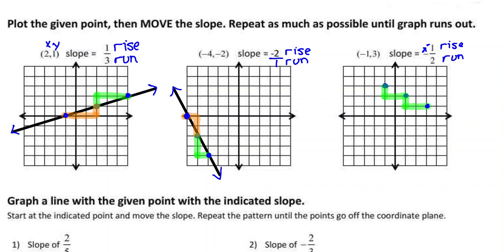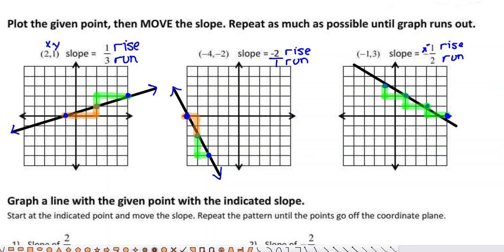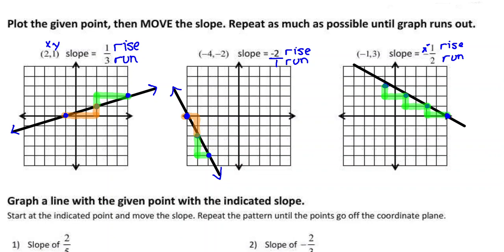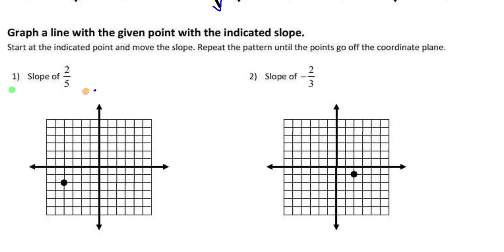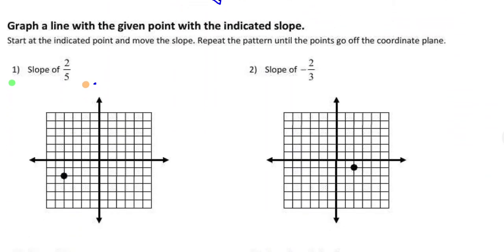And I could go one more time, down 1, right 2. And then draw a line as best as you can to connect all those dots. All right, so what I want you to do is numbers 1, 2, 3, and 4. And then we'll check those together.